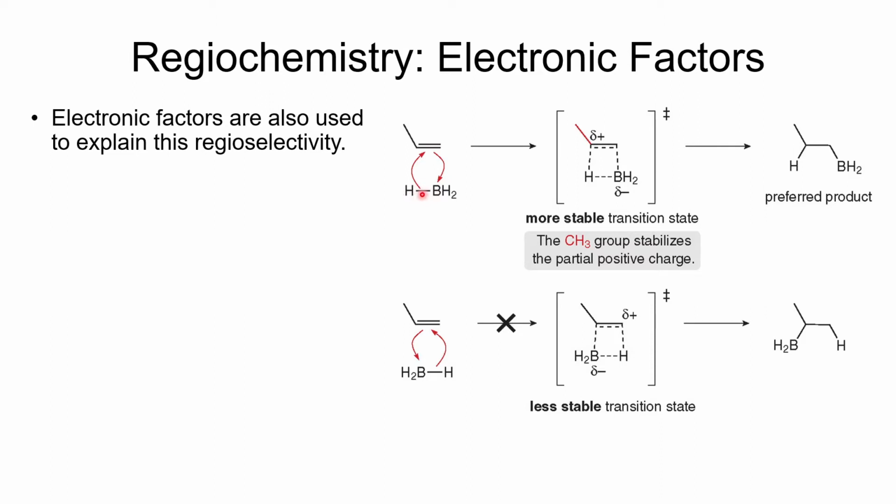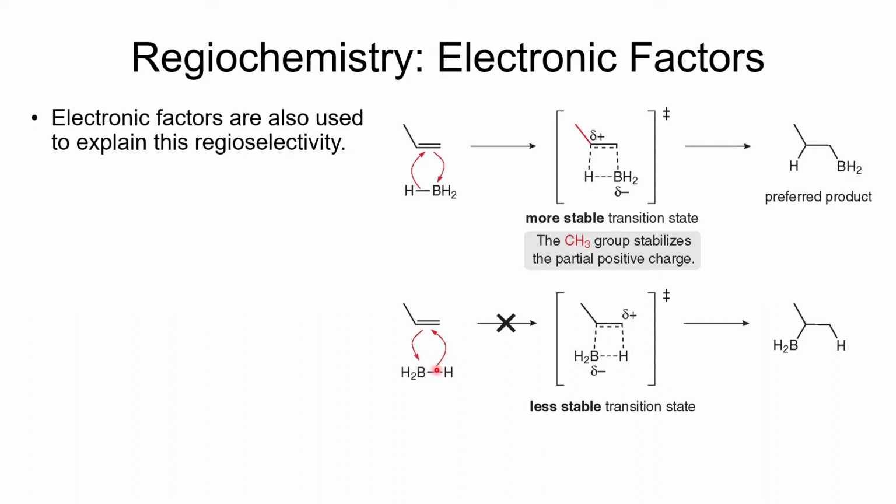Here, with the hydrogen going to the more substituted carbon and the boron going to the less substituted carbon, here's our four-centered transition state. And it seems to indicate that there is a partial negative charge on that boron and a small partial positive charge on that carbon. And so we end up getting this product.